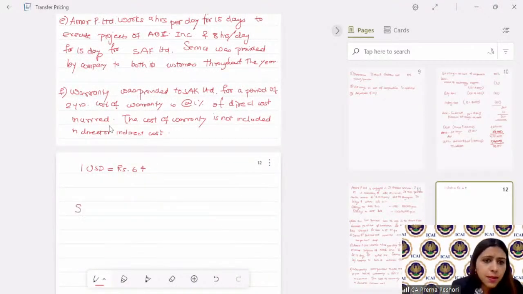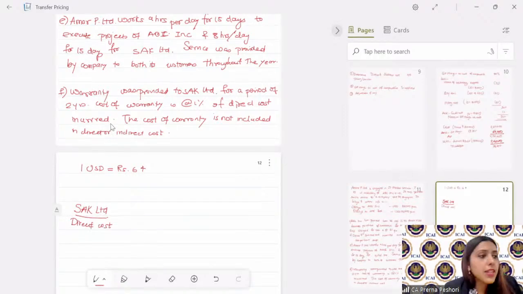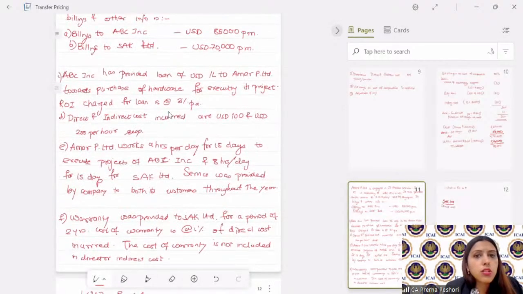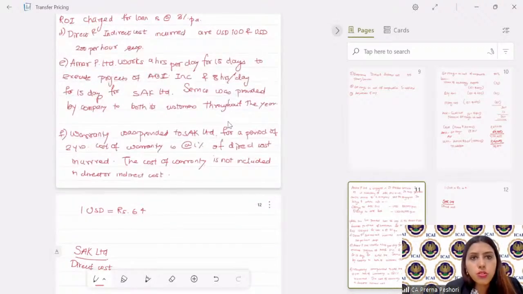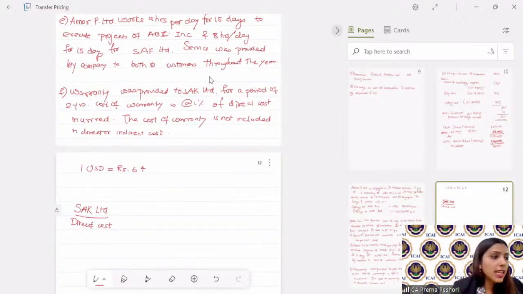First, we will see about SAK because that is the comparable party, right? And unrelated comparable party. So what is the direct cost? Direct and indirect cost incurred are USD 100 and USD 200 per hour respectively. First I'm writing direct cost. Amar Limited is working 8 hours per day for 15 days for SAK Limited.